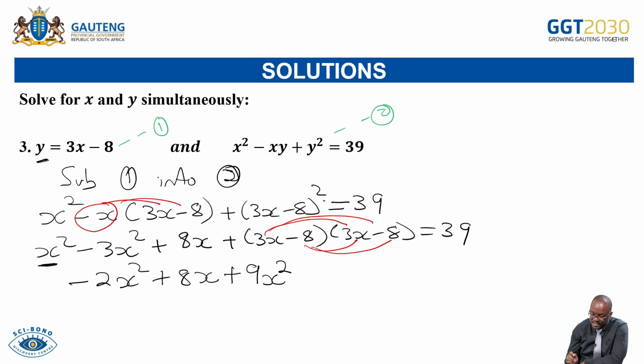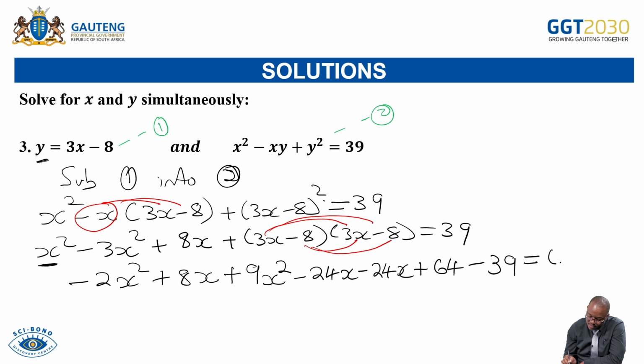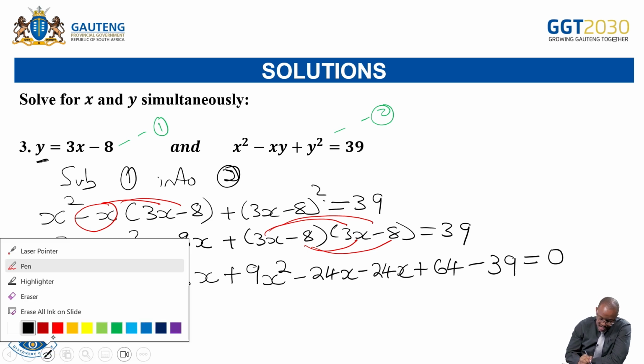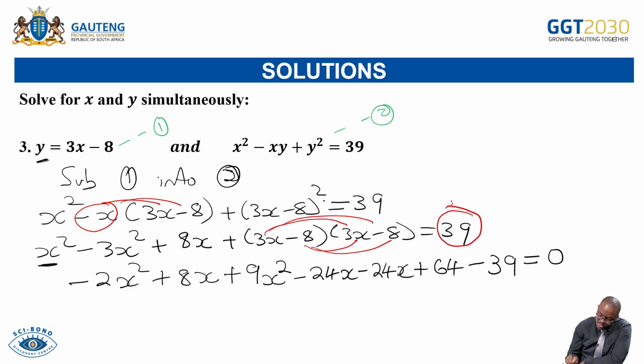Then 3 multiplied by negative 8, sorry, 8 multiplied by 3 is 24. It will be negative 24x and another negative 24x plus 64 minus 39 is equal to 0. So what I've done there, I just transposed this 39 to the left hand side.